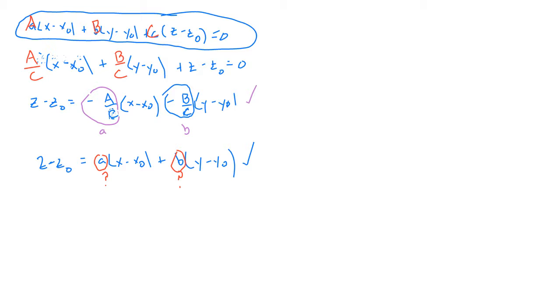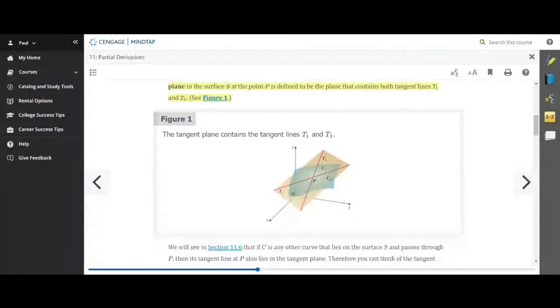Well, what they do is, now let me go back to the book. There's our tangent plane to the point P. And so if we focus on the first curve, curve C1, that is the curve that is on the surface, and that curve was cut.